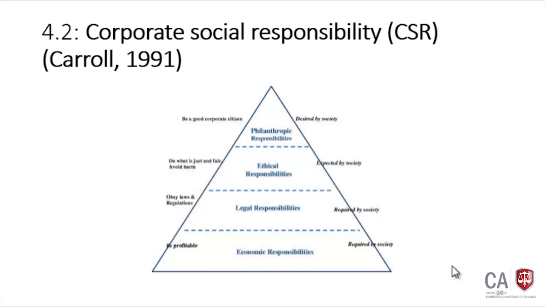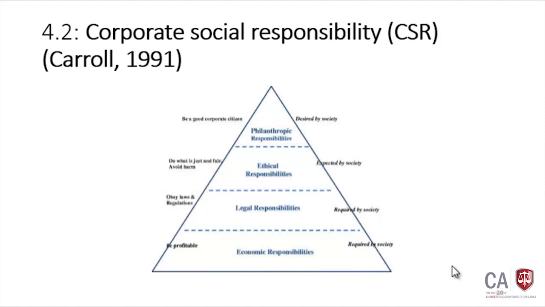Then the third one is ethical responsibilities. That is not as important as economic and legal responsibility, but it is more important than the philanthropic responsibilities. Now you know what ethics is. Ethics concerns what is right or wrong.